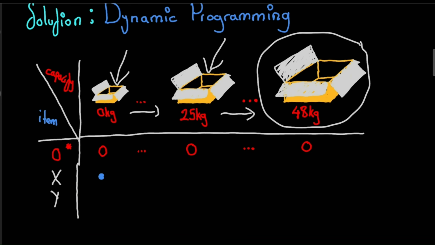For instance, for the item X, if we assume we have 25 kilograms capacity, so we are here, and if the weight of X is less than this capacity, so let's say the weight of X is 10 kilograms, then the value is the value of X, let's say A. However, if the weight of X is greater than the current capacity, which is 25, then it means that we are not able to take X, which means we will directly take the value of that capacity in the previous row, which is 0.